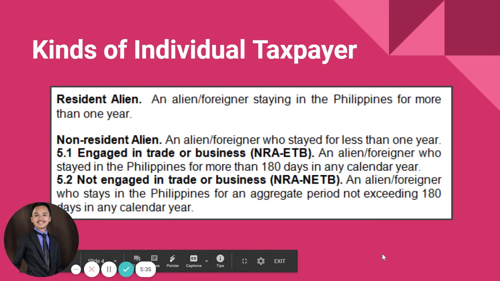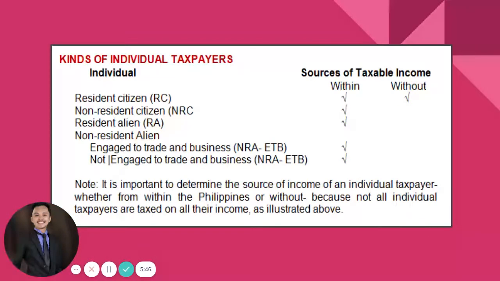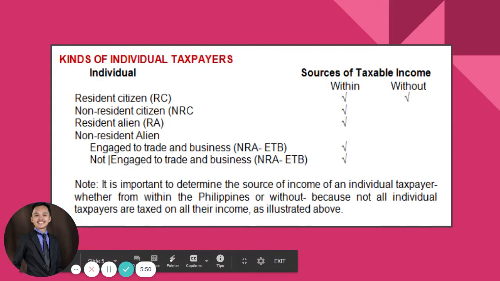Okay, why is it that we need to classify what type of taxpayer an individual is? The reason is that their taxability differs on what type of individual they are, because their taxability with their income will be determined in accordance with the type of individual or classification they belong to.